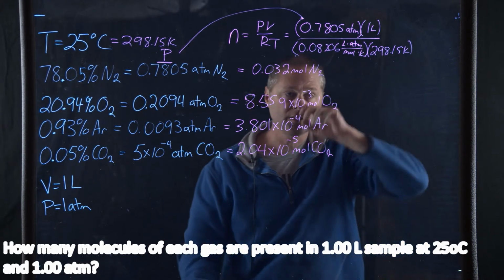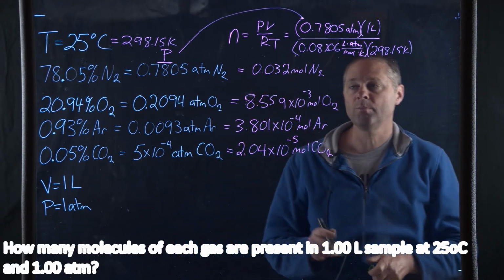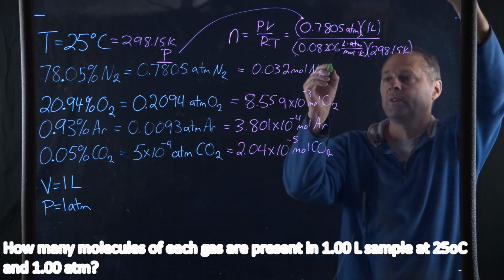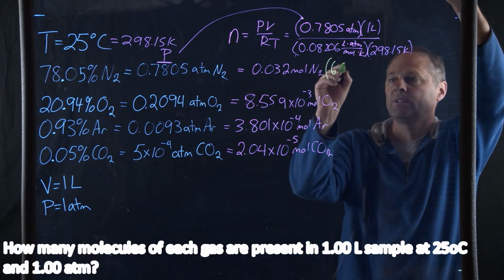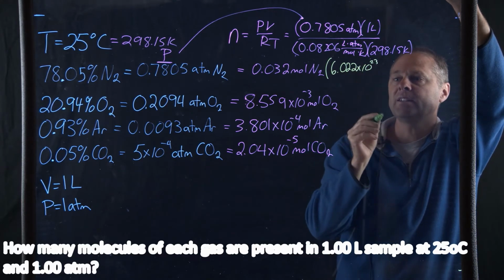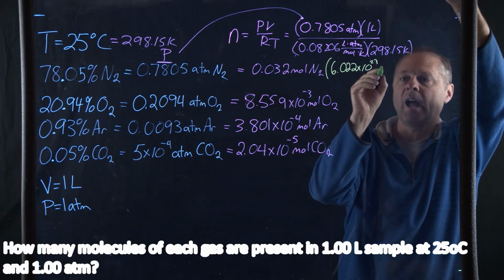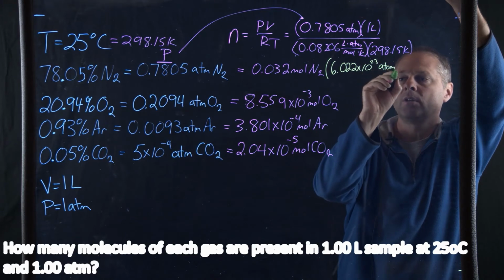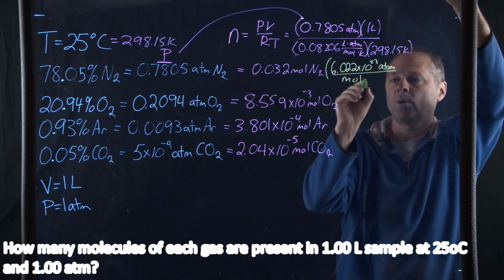Now, if we want to get this into molecules, what we do is we multiply it by 6.022 times 10 to the 23rd, which is atoms or molecules per mole.